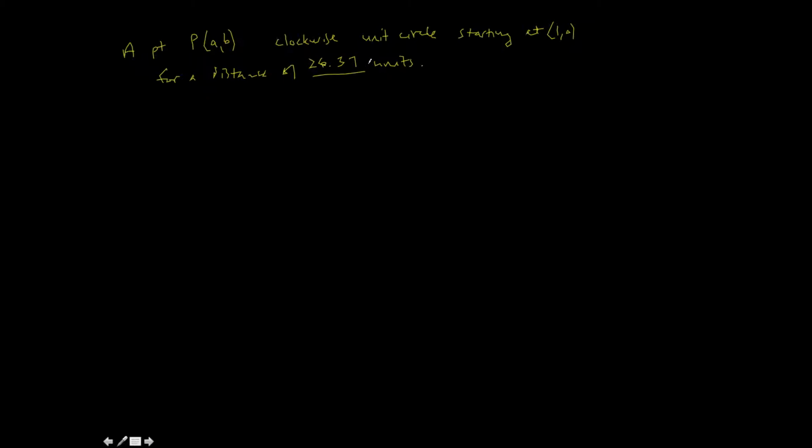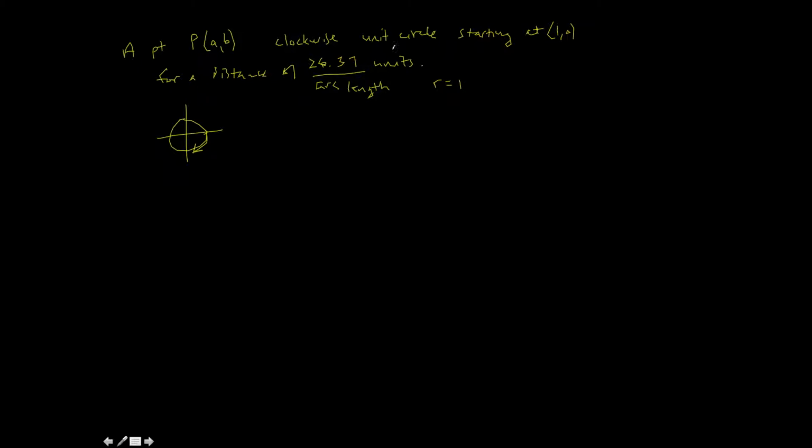What is 26.37? If you're looking at a unit circle and it moves a distance of 26.37 around that unit circle, what they gave you here was an arc length. We know the arc length and we know the radius of the unit circle, which is 1.